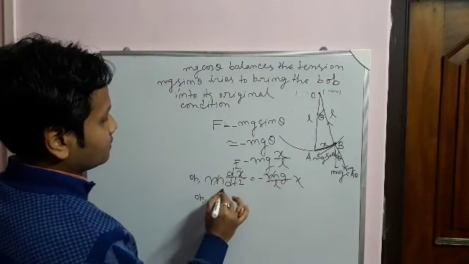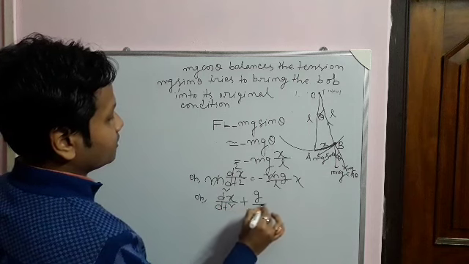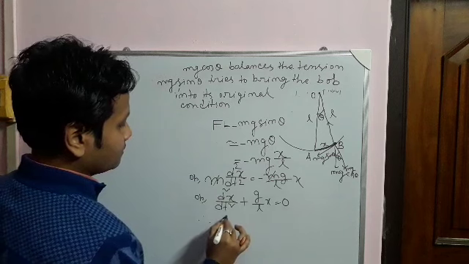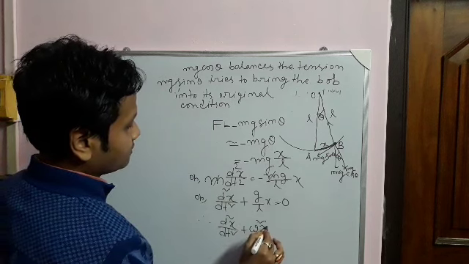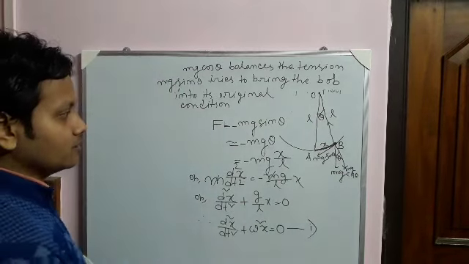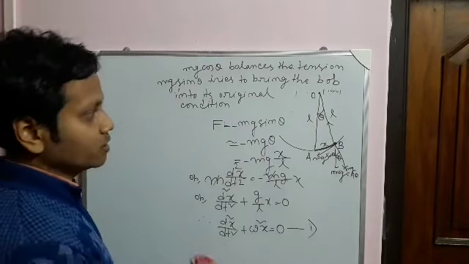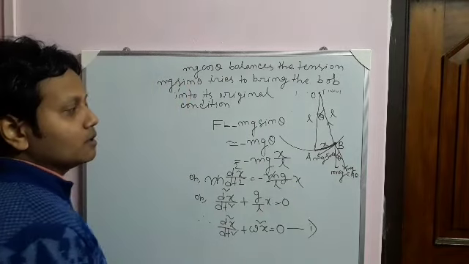So we get d2x/dt2 plus g upon L times x equals 0, from which we can write d2x/dt2 plus omega square x equals 0. Thus we see that the motion is simple harmonic. After solving the equation, we prove that the motion is simple harmonic.